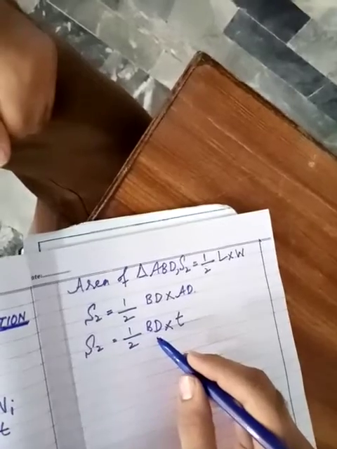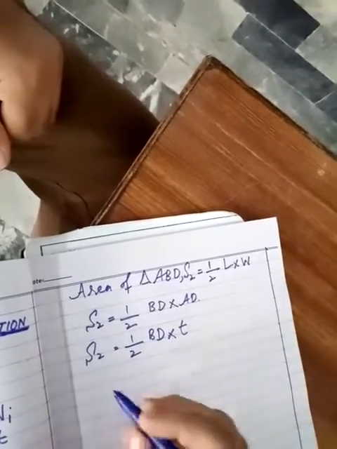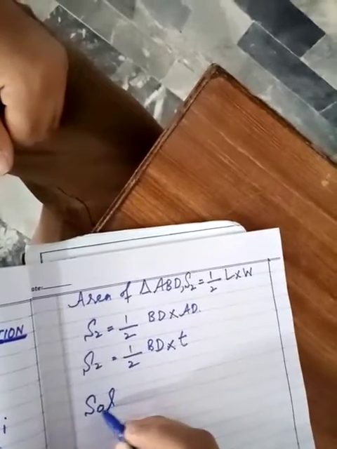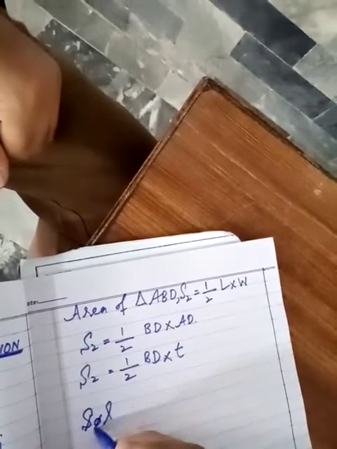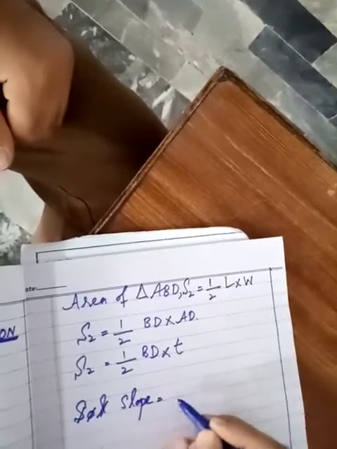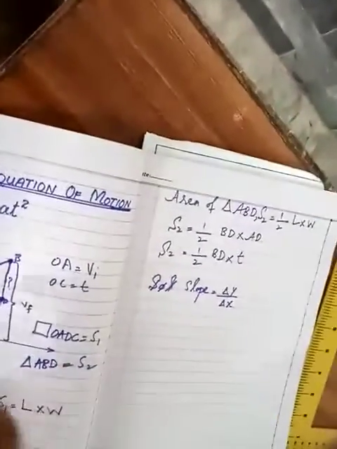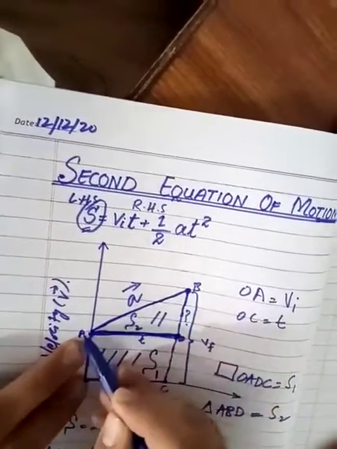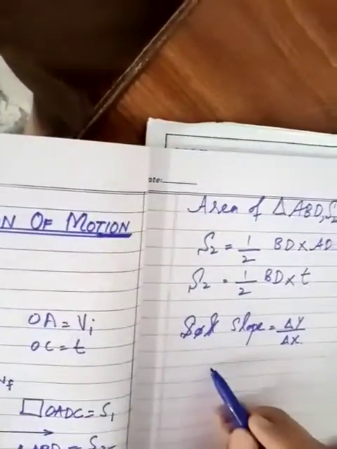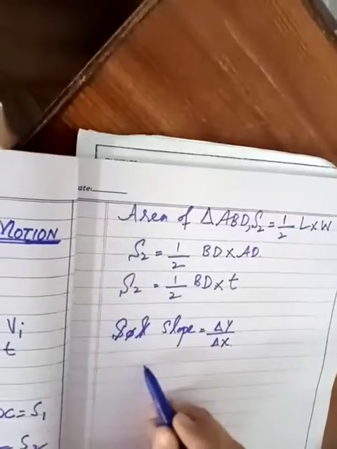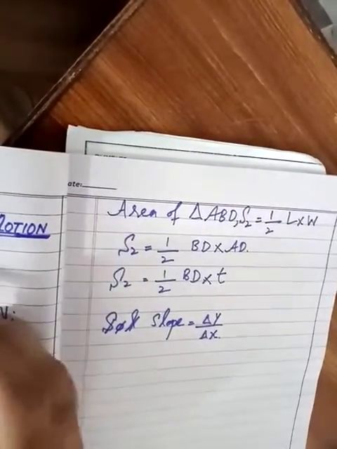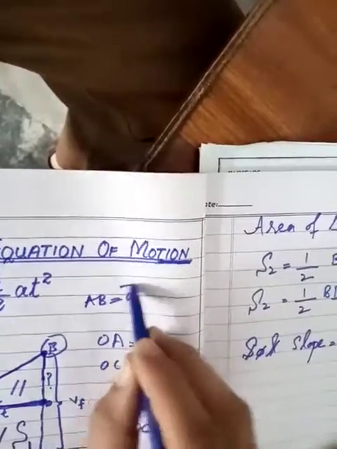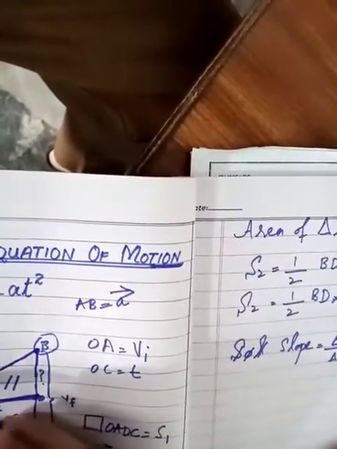To find the value of BD, we will use the slope formula, that is delta y divided by delta x, y-axis divided by x-axis. Here you can see that the slope of the graph is from A to B. So AB represents the slope of the graph, which is acceleration.